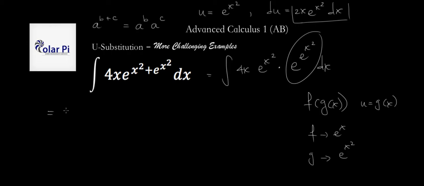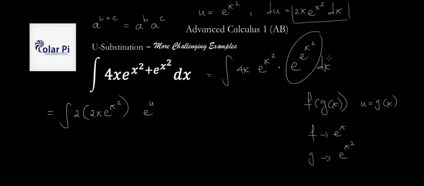So what we have then is 4x times e to the x squared. And by the way, for ease of seeing what I'm going to do, instead of 4, I'm going to write 2 times 2x e to the x squared. Nothing wrong, this equals that. And then e to the x squared is our u, so e to the u.